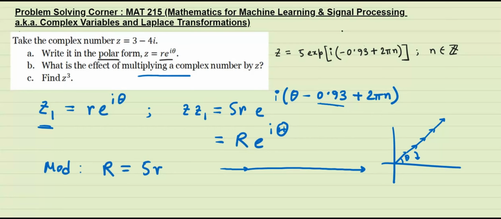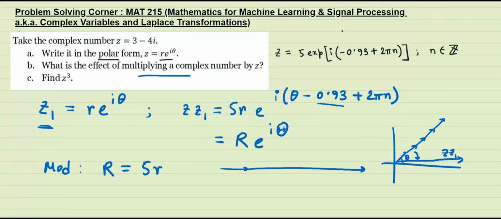It's about 53 degrees, as we found in part A, and it lands somewhere in here. So this is z1, and this is the effect of multiplying a number by z.